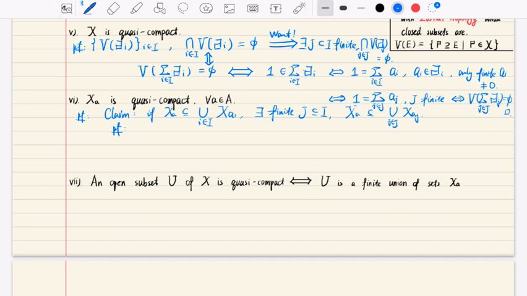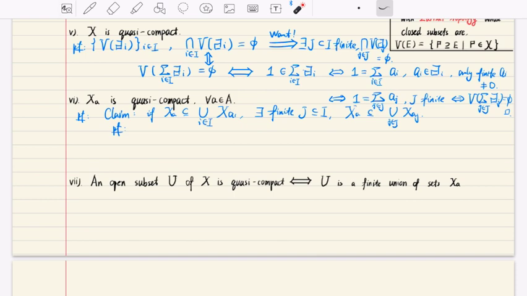We just need to notice that XA is covered by this basic open set. The meaning of this sentence is like for any prime ideal that does not contain A, it must belong to one of them.